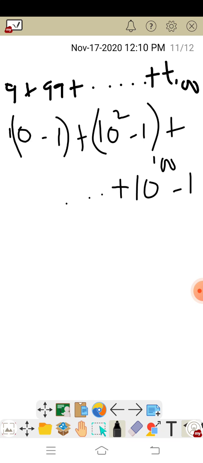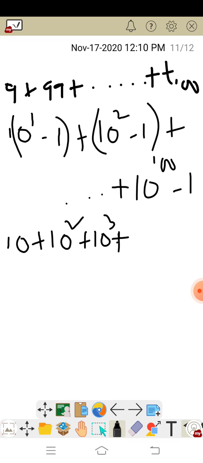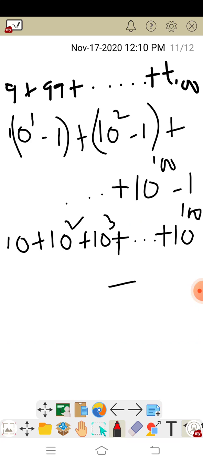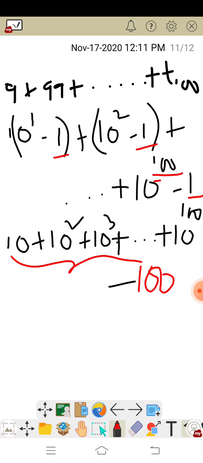Now you have 10^1, 10^2 and so on up to 10^100, plus 10^2 plus 10^3 plus and so on to 10^100 is one series, minus you have minus 1 minus 1 minus 1 like that. How many terms here? Up to 100 terms, so 100 will come. Now up to here, which progression do you have? That is a geometric progression. How?